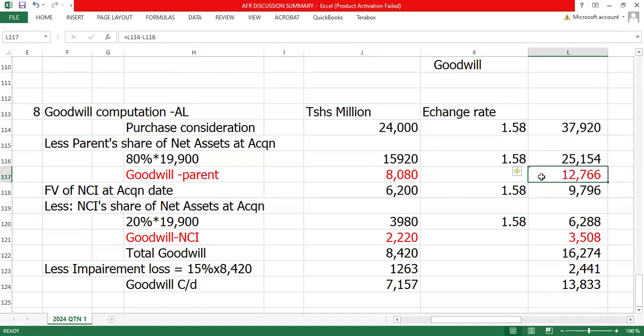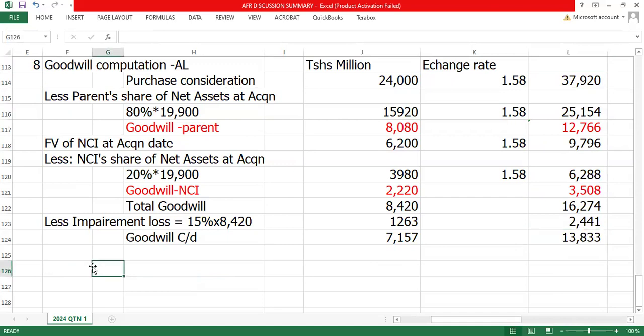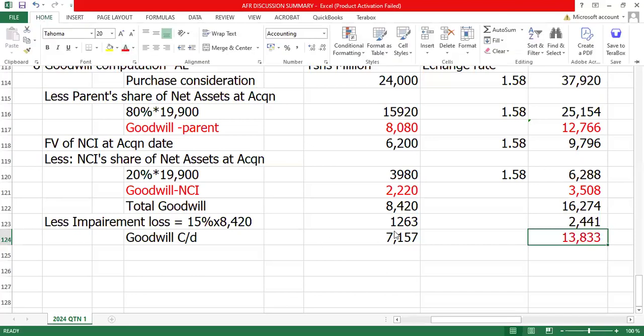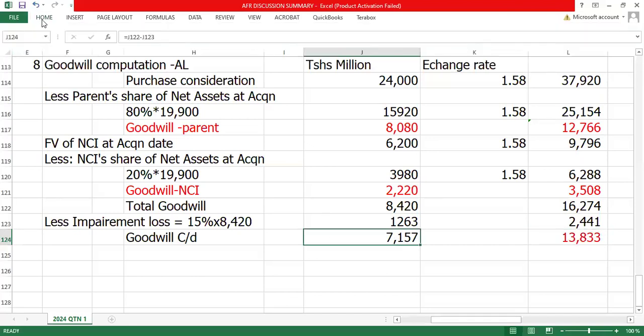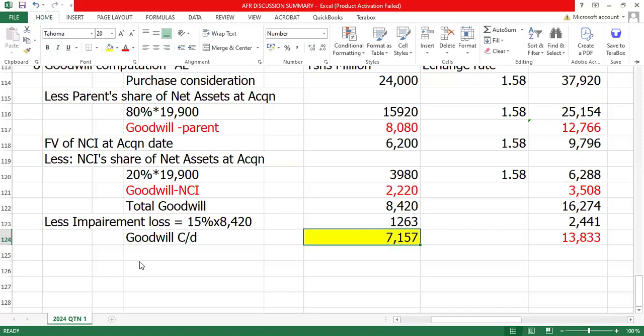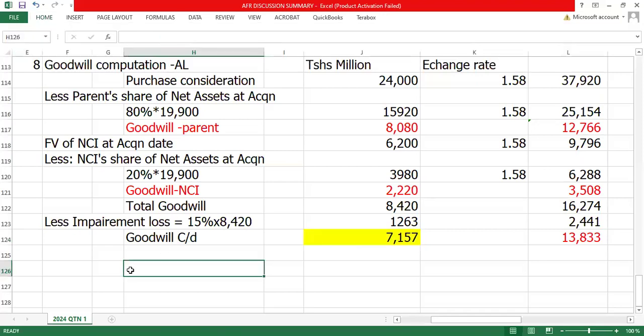It should be minus this. Okay, we are here. Now this is goodwill in Ugandan shillings. This is goodwill in TZ eventually.